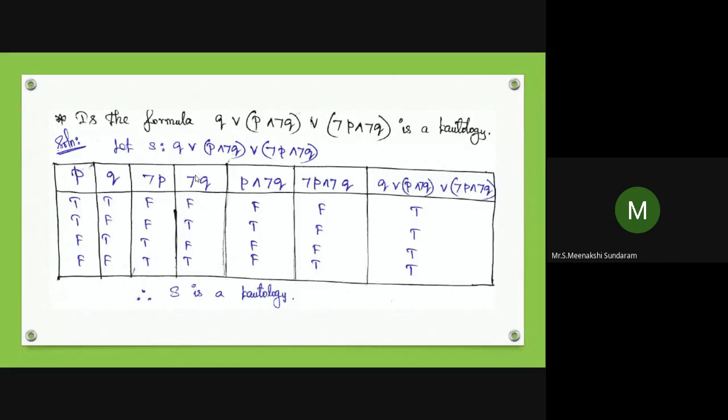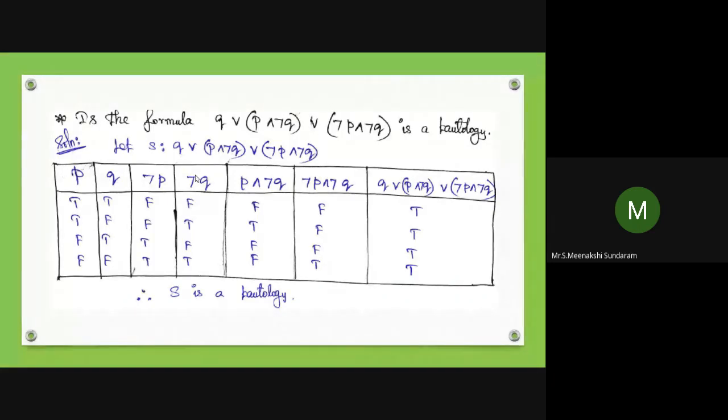For example, consider the last column. Sometimes some books give the headings as 1, 2, 3. Q as 1, P as 2, negation P as 3, negation Q as 4, P conjunction negation Q as 5, negation P conjunction negation Q as 6, and the last one is 7. Here 4 disjunction 5 disjunction 6, all three you can use simultaneously for disjunction.